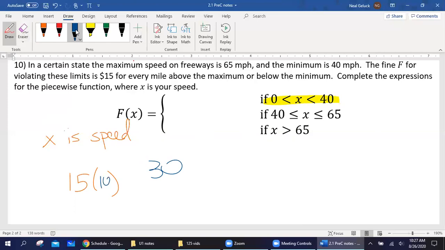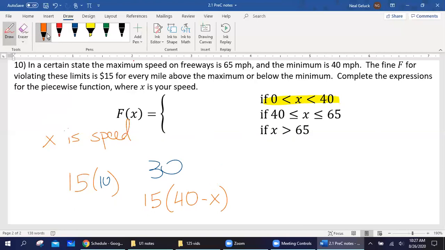So in general, what I'm doing every time is I'm doing $15, and then I have to figure out how much below 40 I'm going. The way I do that is 40 minus x. So if I had a speed of 30 miles an hour, 30 would go in there, and then I'd have my 15 times 10.